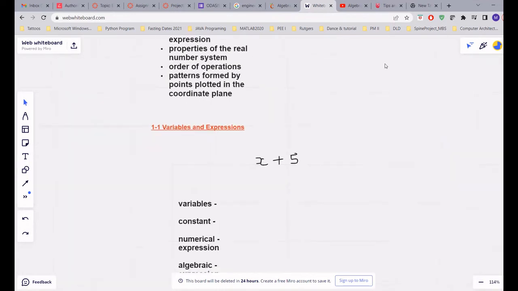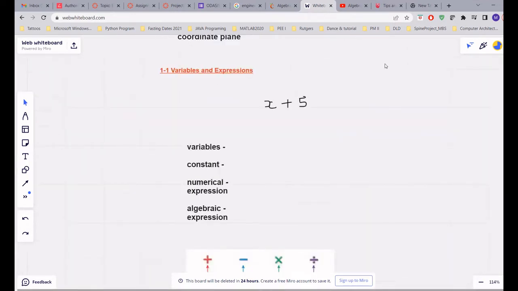Before we start, let's recap the vocabulary required to know throughout your algebra journey. What are variables? A variable is a letter or a symbol used to represent a value that can change. So a variable can have any value. For example, let's take the example up here.